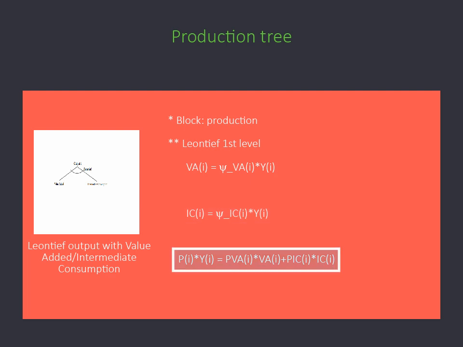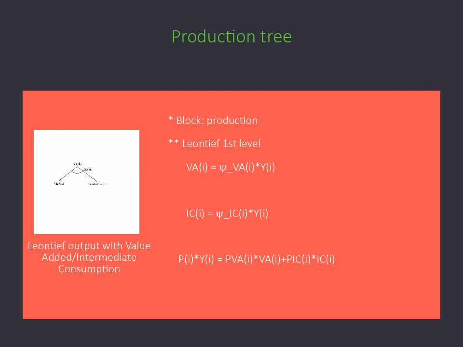And the third relation is very simple because it says in value that the total value added, PVA in sector I multiplied by VA in sector I, plus the total intermediate consumption in value, PIC in sector I multiplied by IC in sector I, is equal to the total value of the production, which is here P I, the price of the output, multiplied by the level of output in volume, Y I.